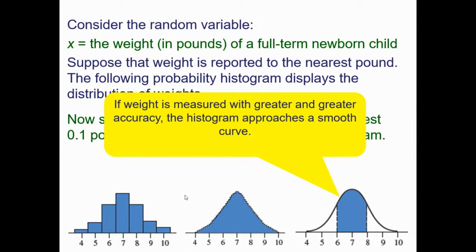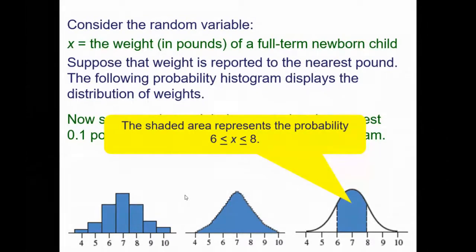If we smooth it completely out, this would be our resulting histogram. So if we measure it with greater and greater accuracy, the histogram approaches a smooth curve.